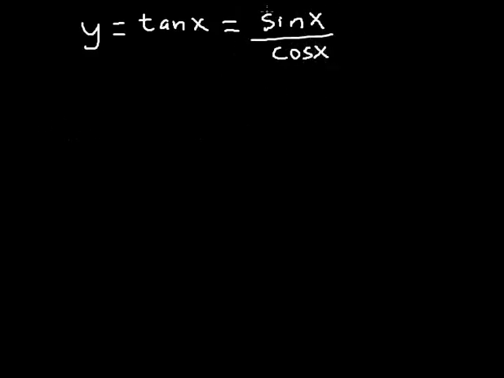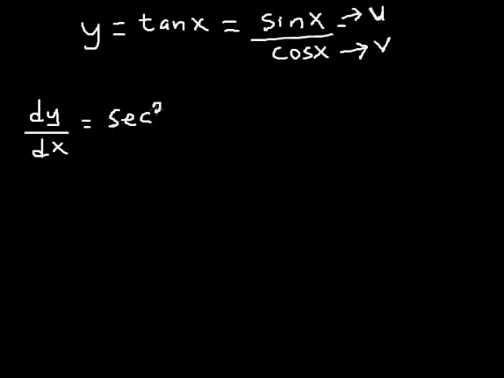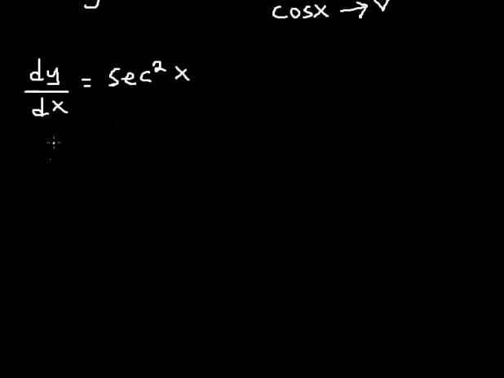I'm going to apply the quotient rule to prove this. Of course, you know very well that this is my u, and this will be my v. Remember the standard derivative is sec squared x. So I want to prove it now.